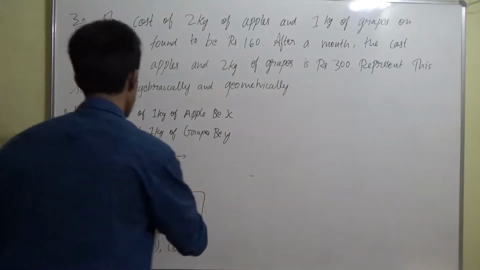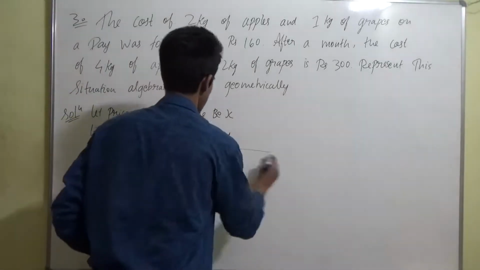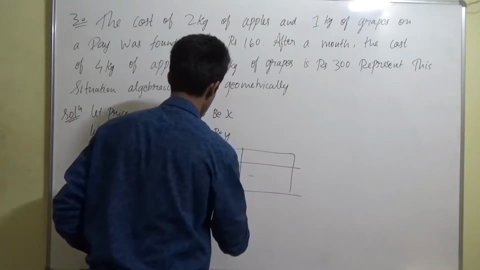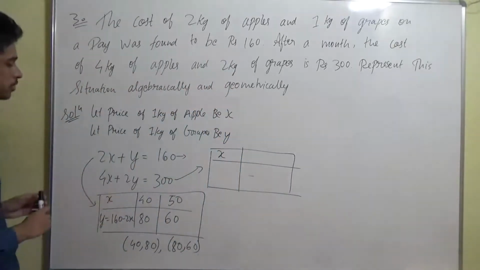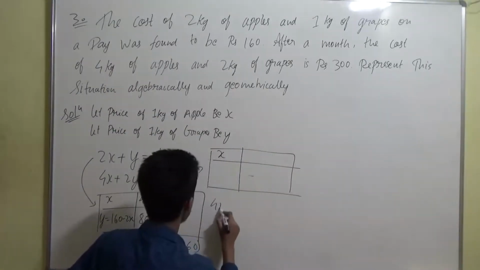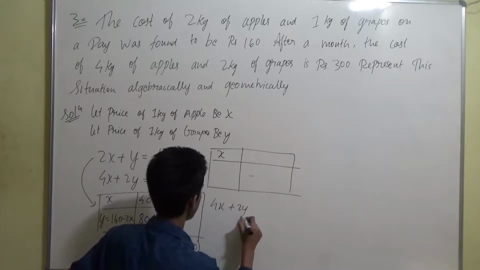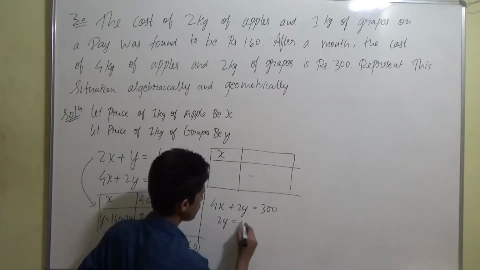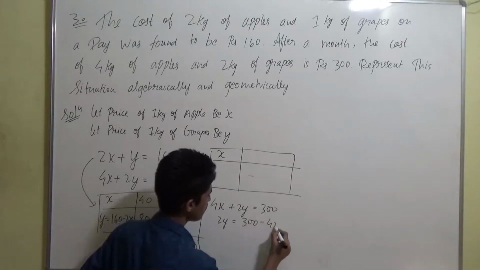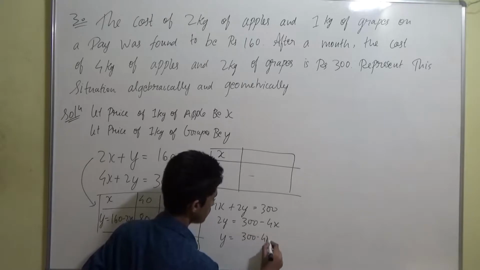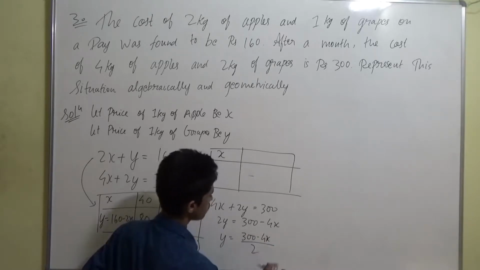Now from this equation, let's try to find the coordinates. Here we have 4X plus 2Y equal to 300. We have to find the value of Y. Let's keep 2Y on the left and the other terms on the right side. Y will become equal to 300 minus 4X by 2.